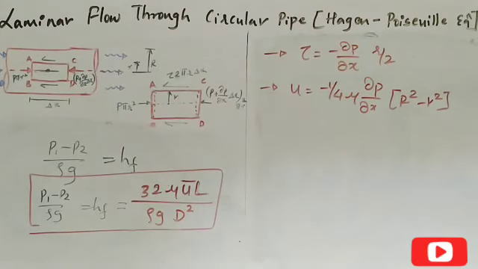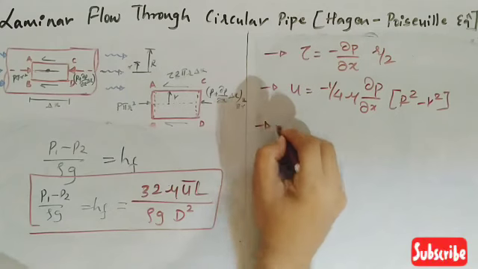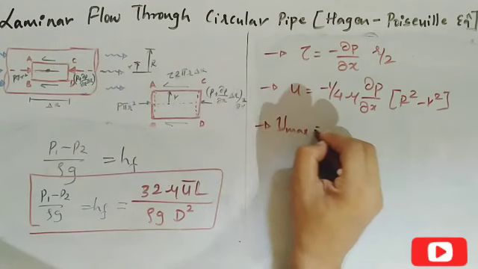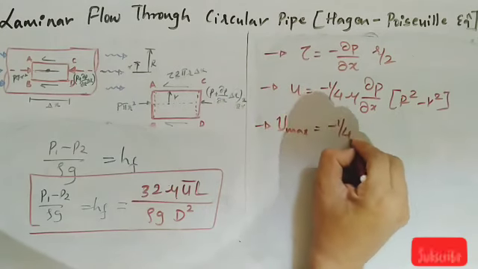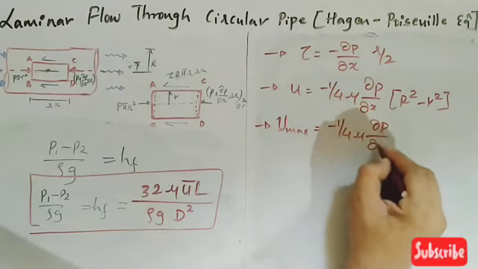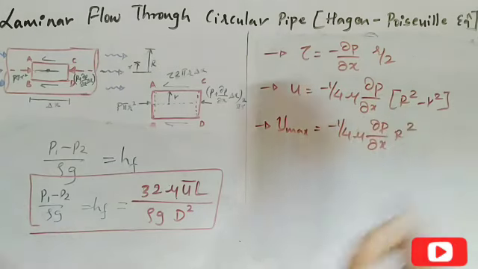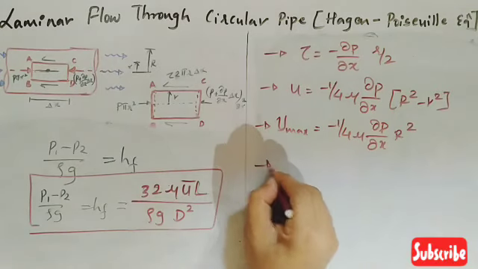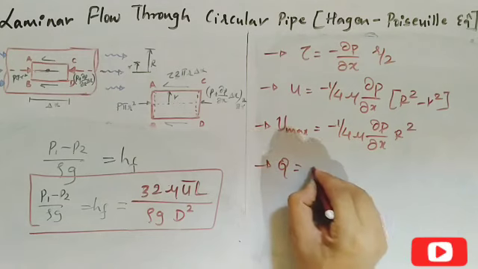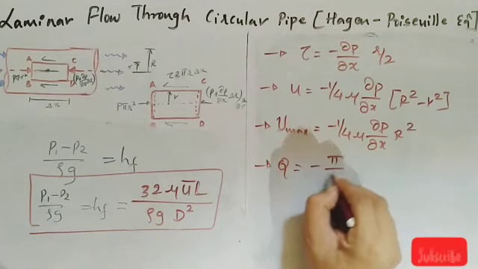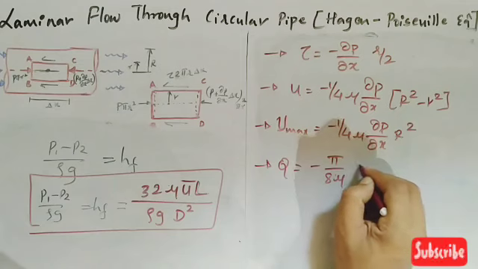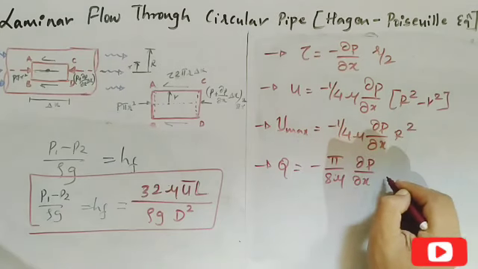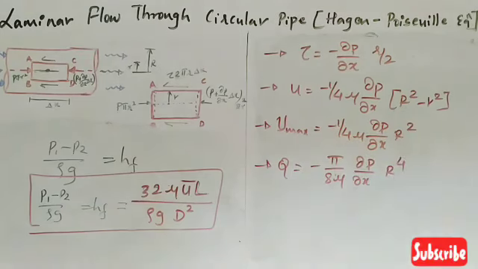Now what is the maximum velocity in this flow? That is u max will be equal to minus 1 by 4 mu dou p by dou x into R square. This is the maximum velocity. Sorry, before the average velocity, what is the discharge through this pipe? The discharge is given by minus pi by 8 mu dou p by dou x into R raised to 4.